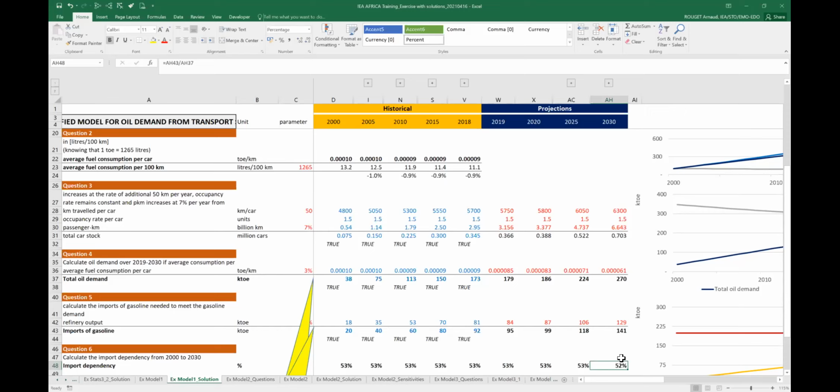Then this one is also relying on imports. So this ratio might not be the most relevant when we really want to understand how dependent a country is on fossil fuels in general. But we will have a more detailed Excel exercise and example in the Friday session dedicated to fossil fuels.